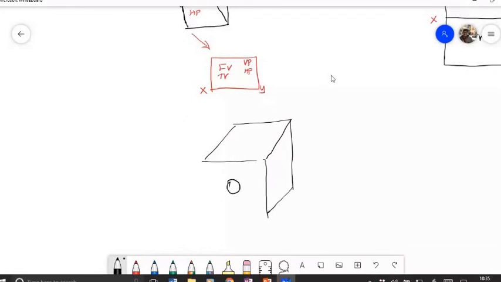So if you rotate it, what will happen? This is my horizontal plane and this is my vertical plane. Can someone say the position of the front view and top view after rotating? Sir, top view in the horizontal plane and front view in the vertical plane.